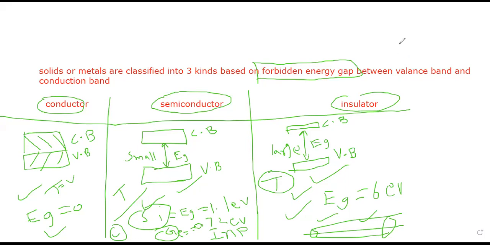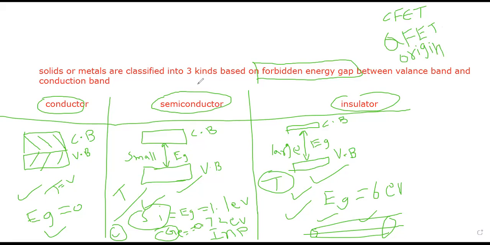In this chapter we have classical free electron theory, CFET. Next, quantum free electron theory, QFET. Next, origin of energy bands in a solid.